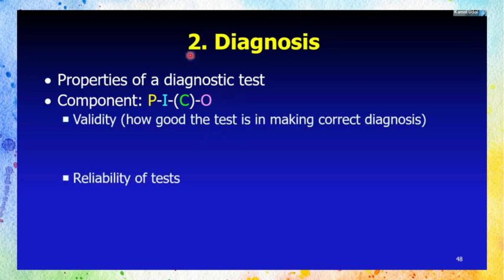For research questions regarding diagnosis, there are 2 aspects. The validity of the test, how good the test is in making a correct diagnosis. And it might be a question regarding reliability of the test, whether the test is reliable in terms of its interpretations.